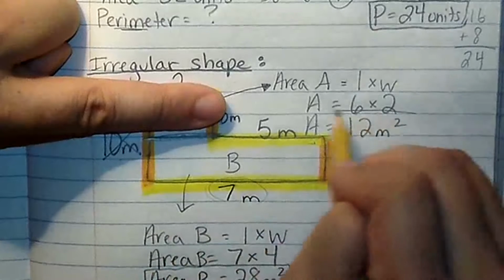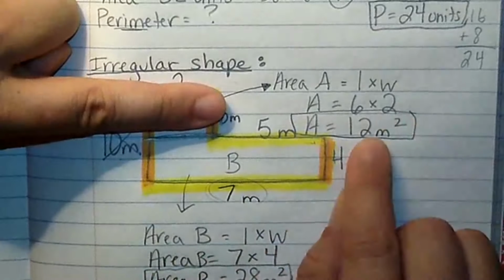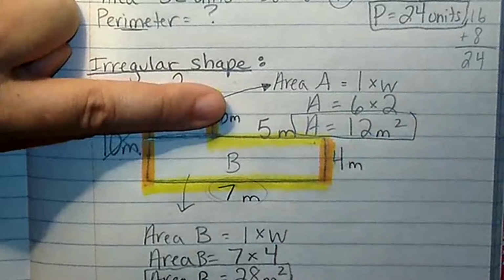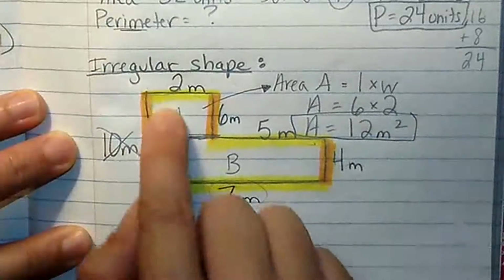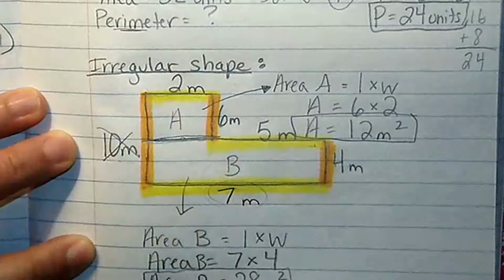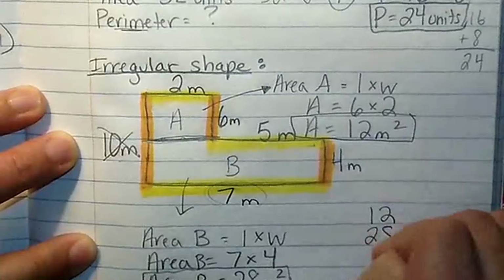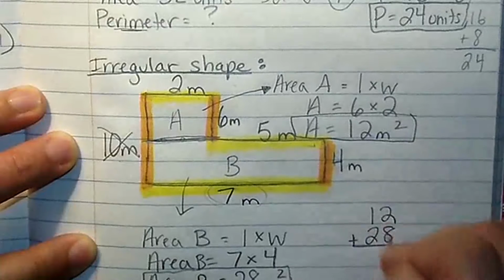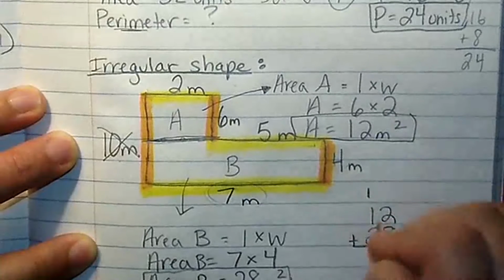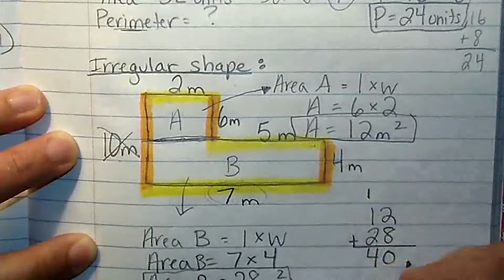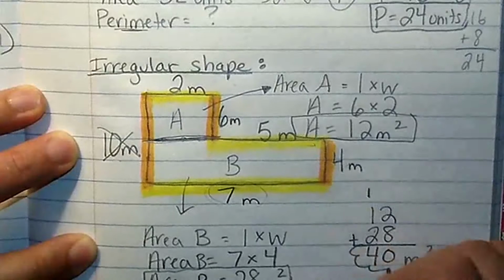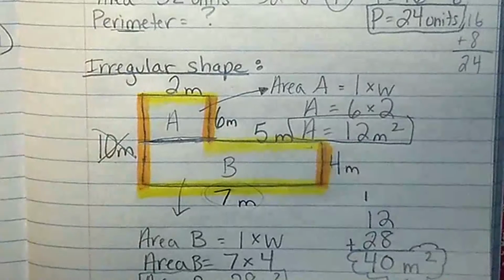So now I have part area A equals 12 meters, area B equals 28 meters. How would I find the combined area? I have to add them together. So I'm going to add 12 plus 28, and I get 40 meters squared, and that is my answer.